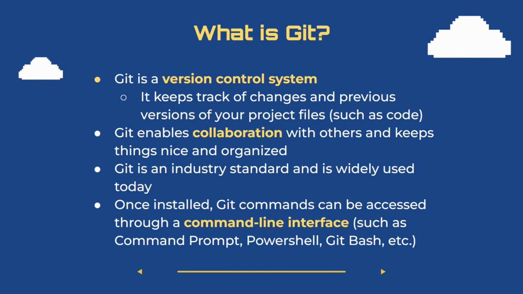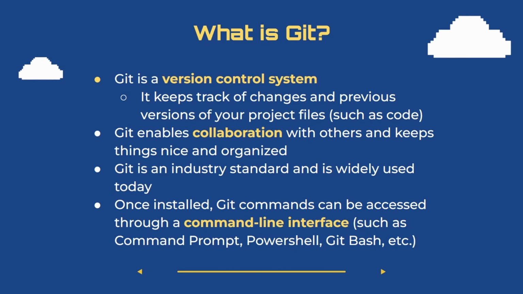So your project's most recent version will have all of your most recent changes. Git is an industry standard, and it's widely used today. Once you install Git, the Git commands can be accessed through your command line interface, such as your terminal, PowerShell, and the terminal that comes with Git called Git Bash.